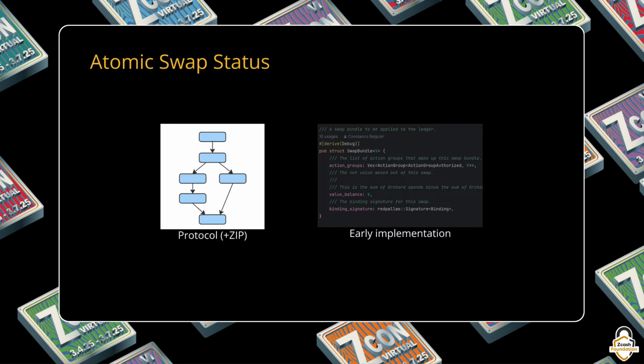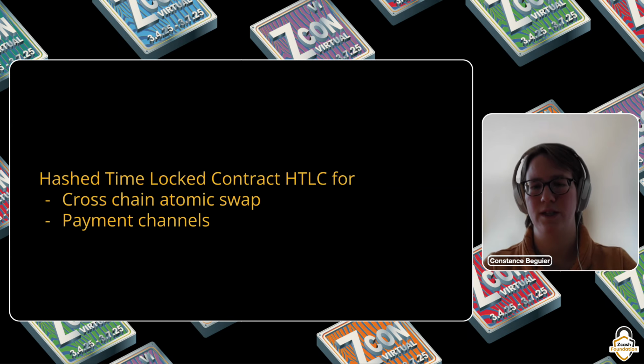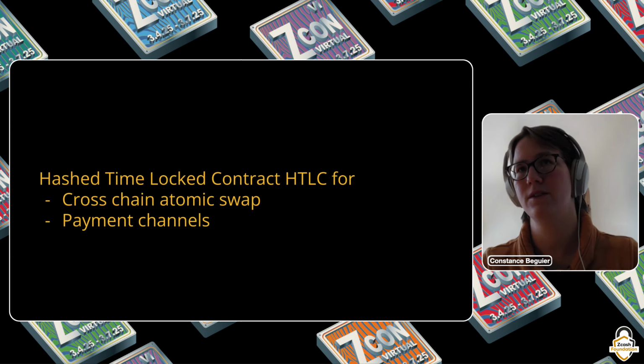So in this implementation we may have to update some parts following the last discussion with ECC, and there is still some work also on the Zebra part. But we have a first implementation of atomic swap, which is almost finished. Now I will present a second functionality that we would like at Qedit to add into Zcash.